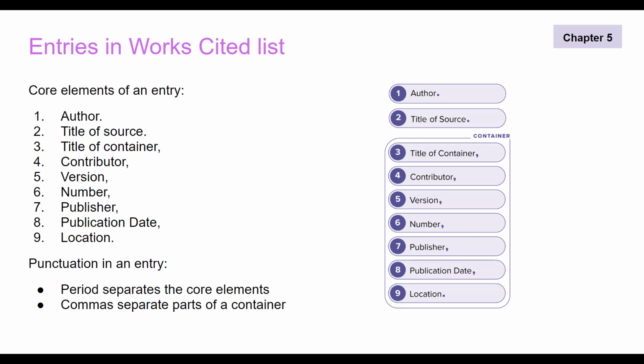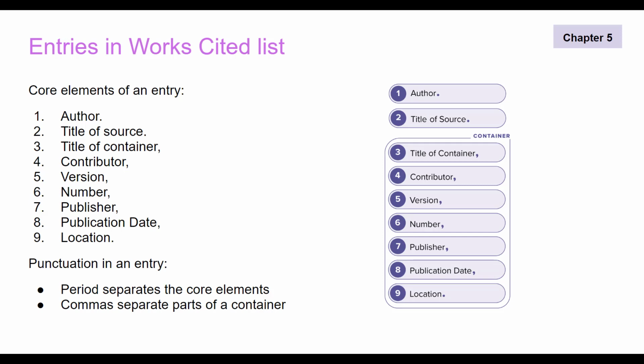And then it groups together basically from 3 on down to 9 into what's called a container. We'll get into what a container is in a second, but you're definitely going to have that author, that title, and then the different attributes that make up that container.